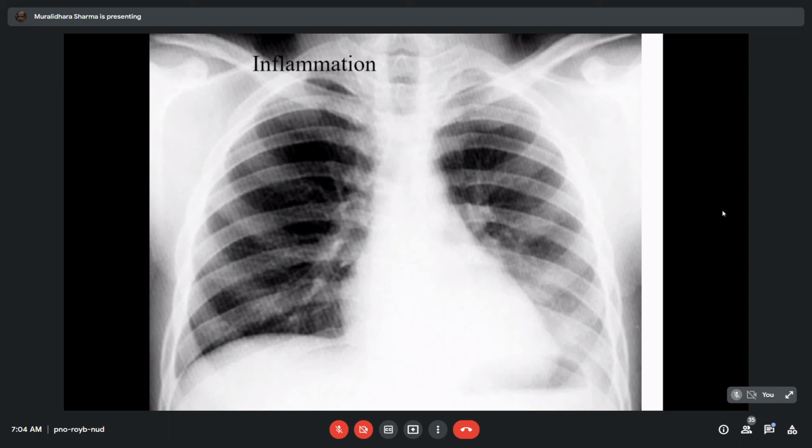Clinical signs of the bronchitis: usually the bronchitis would have an insidious onset. Most of the time it's a consequence of the extension of the inflammation from the upper respiratory tract to the lower respiratory tract. So the patient would have an initial history of upper respiratory tract infection, and then gradually the patient develops a cough with scanty expectoration.